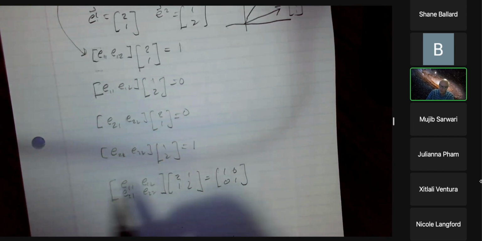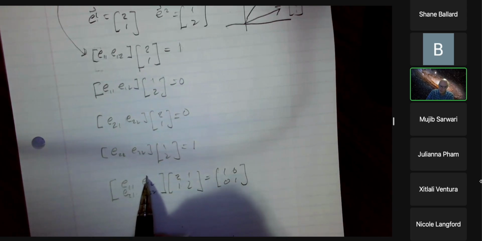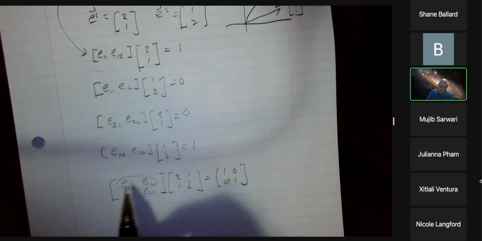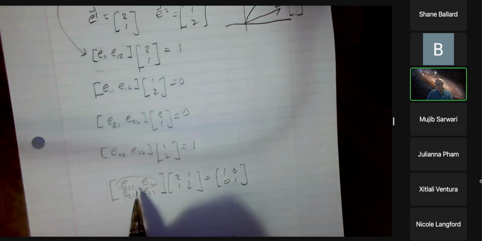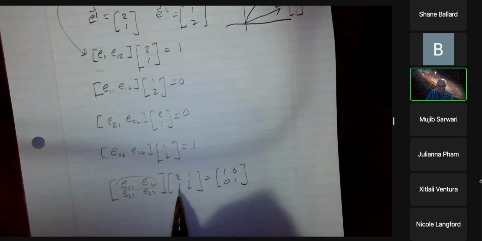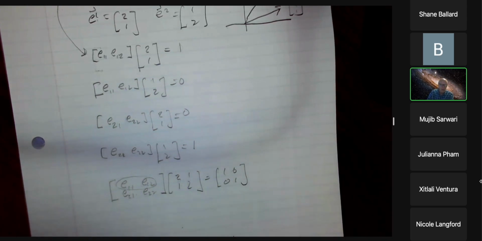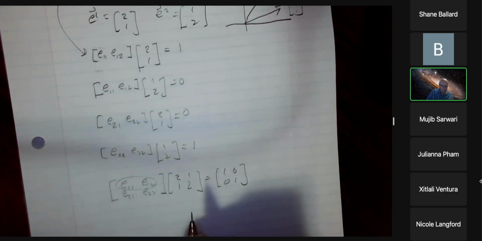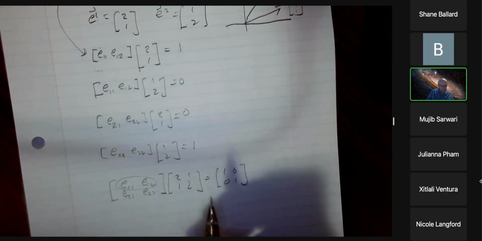Because if I multiply both sides by the inverse, I'll give you this result here. So just remember that it's these quantities here which represent the basis vectors. So that's basically just put these numbers here in a matrix and then find the inverse. And you can put that in Mathematica in a second. By the way, they're very easy to do by hand, and you may want to play around with them.